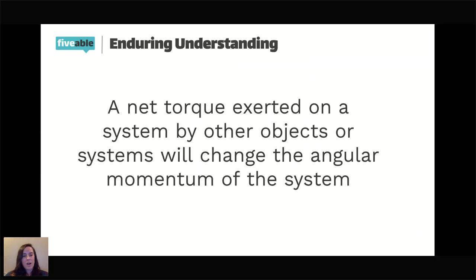Just like in our linear kinematics and linear Newton's second law, if you push on something, it's going to cause a change to the momentum, right? The same thing happens here, where if you torque something, it's going to change the angular momentum.